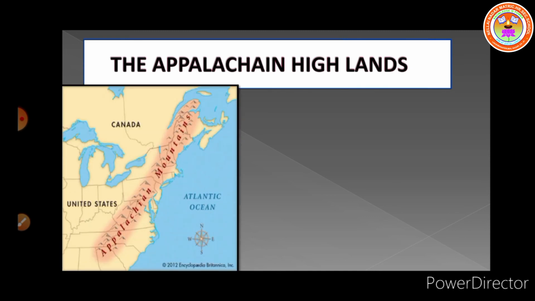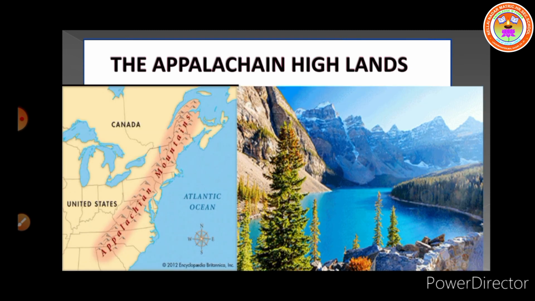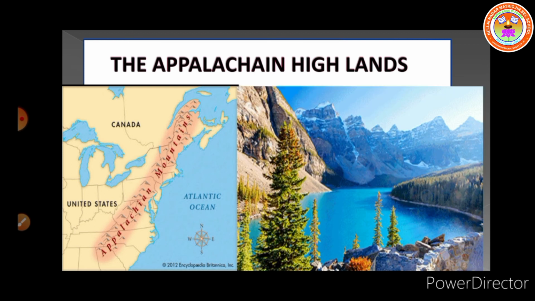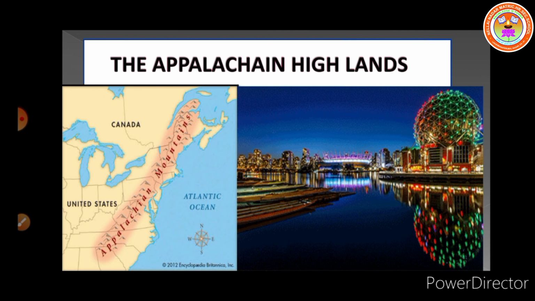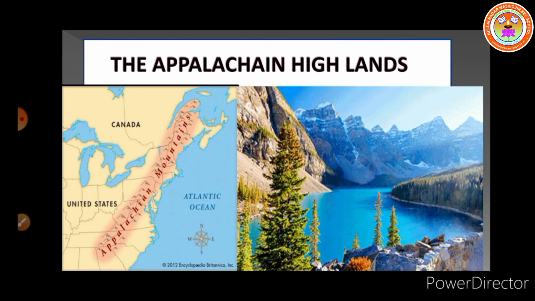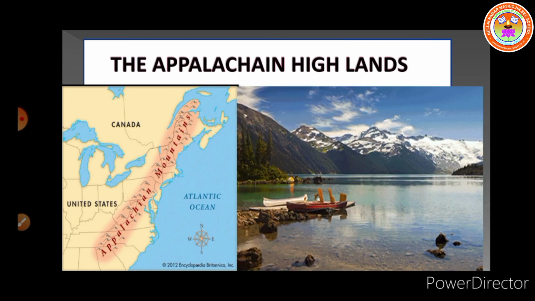Next let us see the Appalachian Highland. The Appalachian Highlands do not form a continuous chain like the Western Highlands. These highlands are low and wide. They have very few peaks more than 1,800 meters.